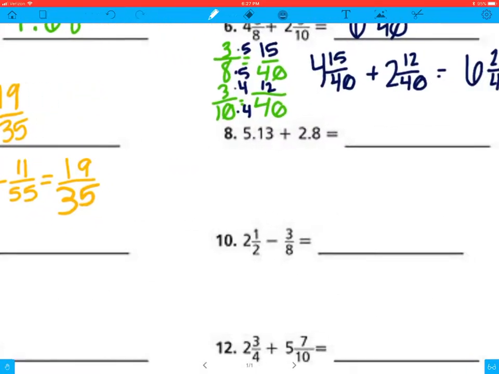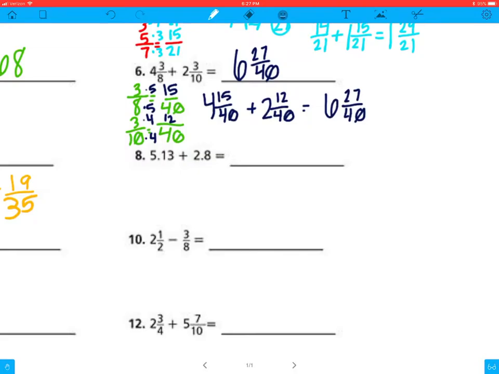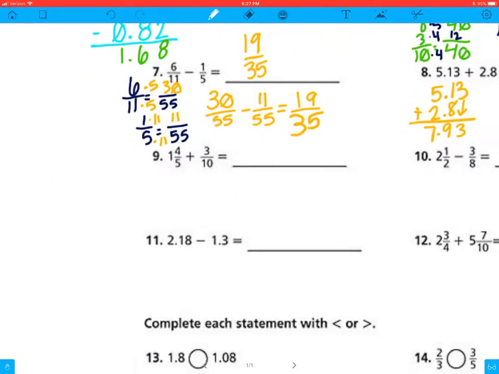So now I have number 8, and it is 5.13 plus 2.8. I put my 0, or I could just bring my 3 down. 8 plus 1 is 9, bring my decimal, and 5 plus 2 is 7. I'm going to focus on the fraction, 4/5 and 3/10.